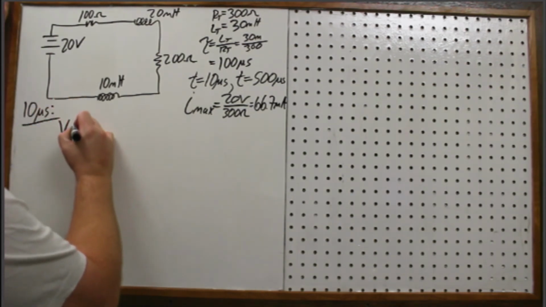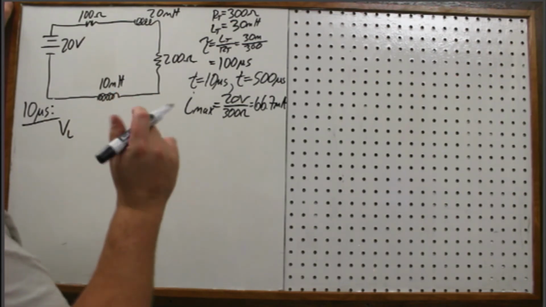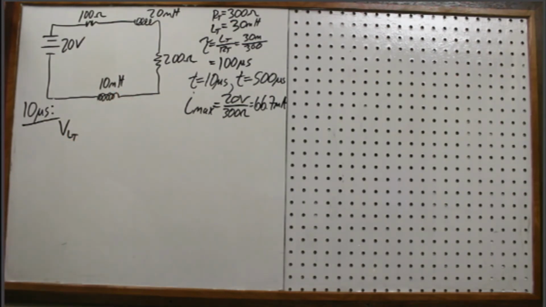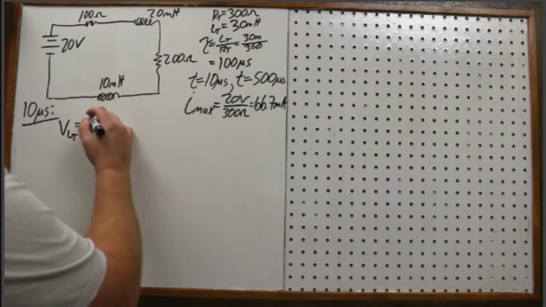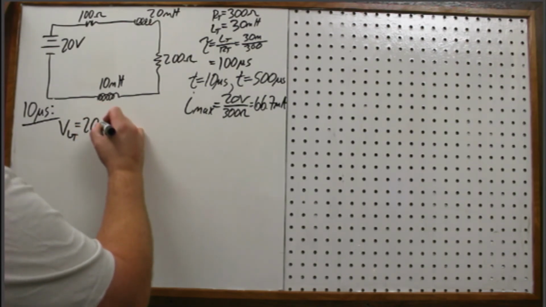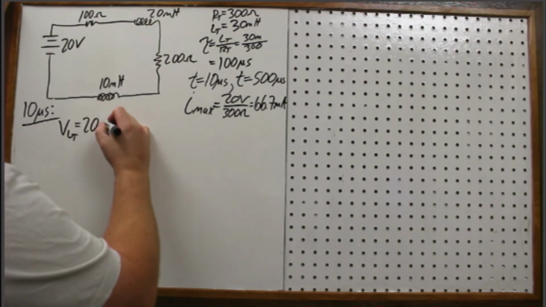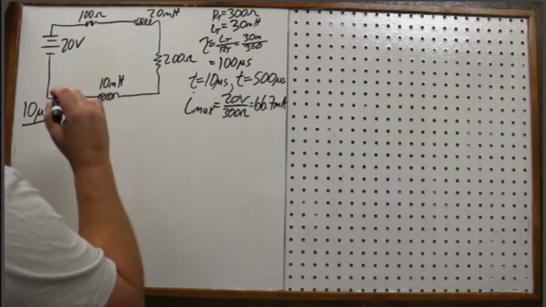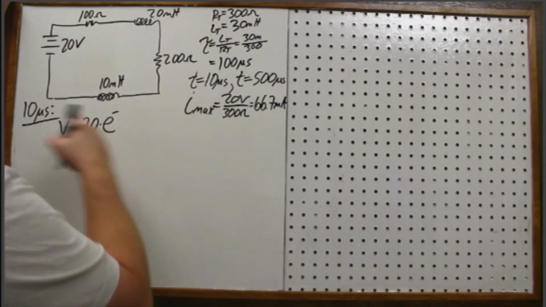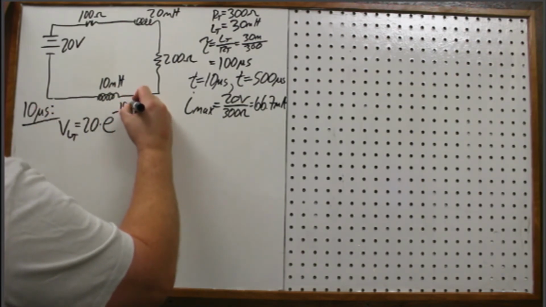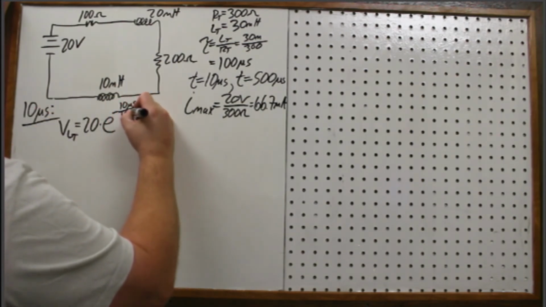So the voltage on the inductors, you can say voltage of L sub T, and then you can do your voltage division from there. The total voltage on the inductors together is going to be 20 volts times, again, this is an exponential decay function, so e to the negative 10 micro over 100 micro.